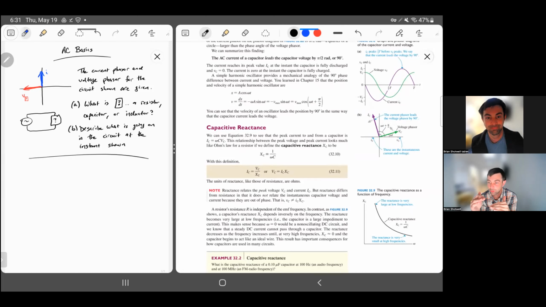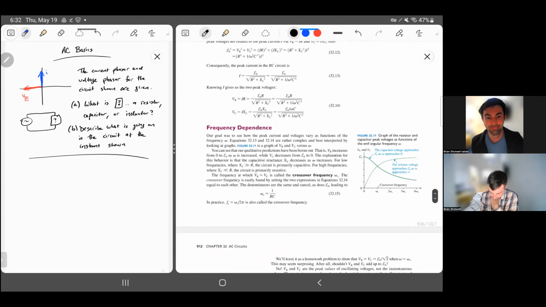What has to happen first is that a current needs to be delivered to the plates. And then after that, a voltage builds up across the plates of the capacitor. So the current is what happens first, and then the voltage lags behind, because the current needs some time to accumulate charge on the capacitor's plates. So the current leads the voltage in that case.